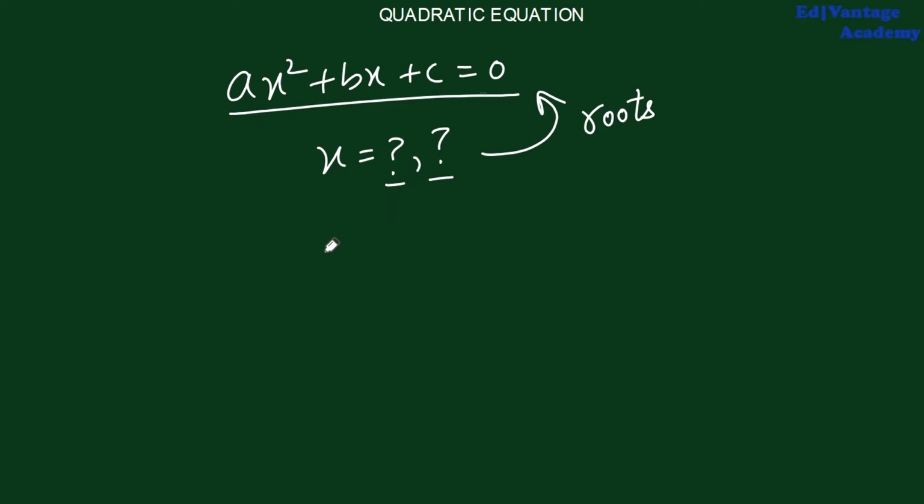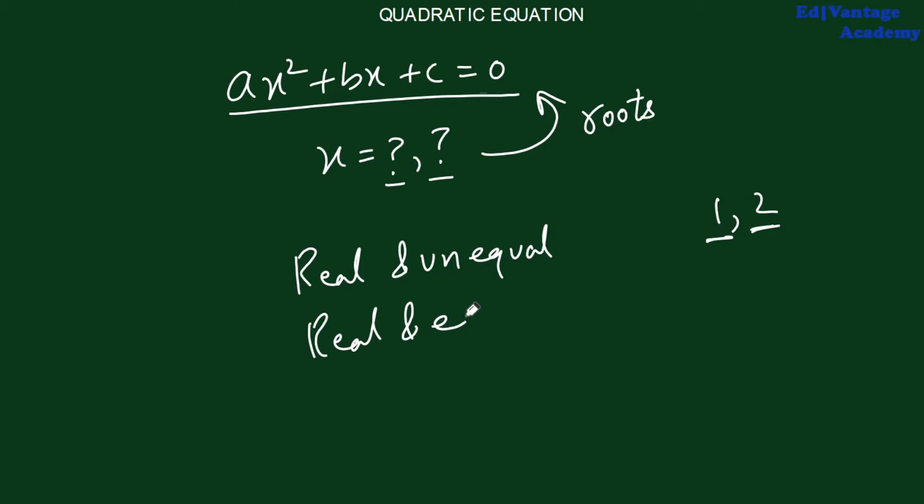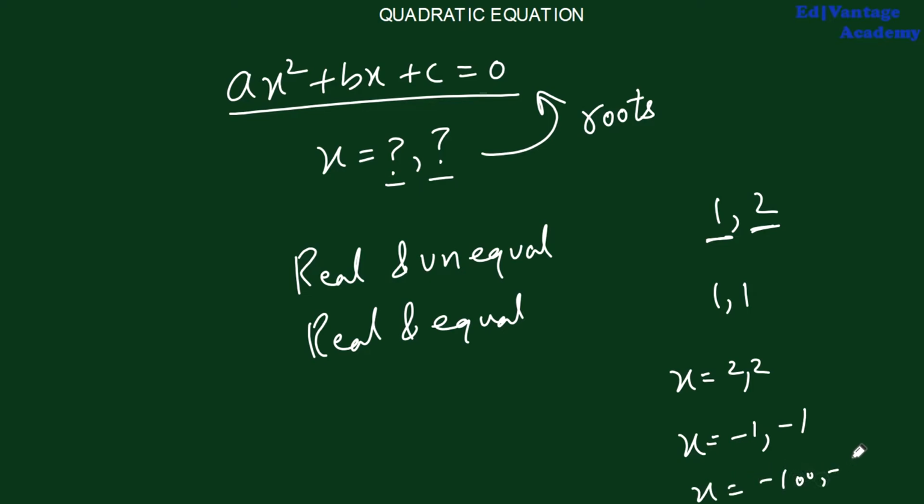They can be real and unequal, means you can have two real numbers, but they can be unequal, like 1 and 2. These are real numbers, but they are not equal. They can be real and equal numbers, like 1 and 1, or 2 and 2, or -1 and -1, -100 and -100.